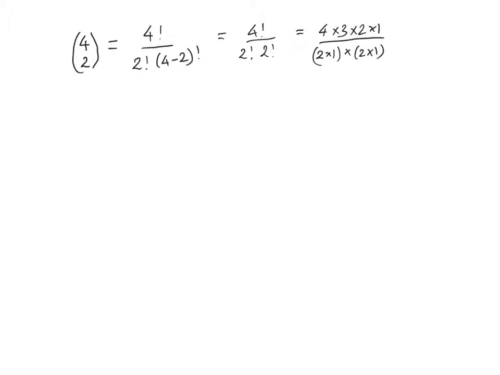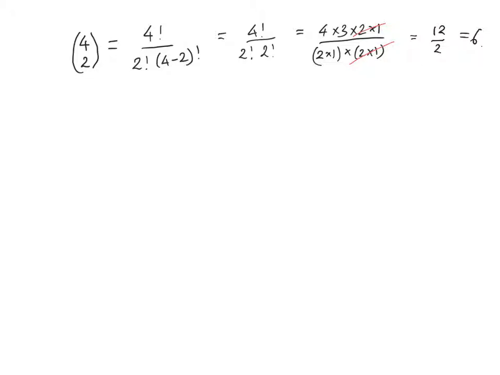So a lot of multiplication, but there's also some simplification. This simplifies away with this, and that gives us in the top 12 and on the bottom 2, and that gives us 6. So from that we know that there are 6 ways of choosing 2 objects from 4.